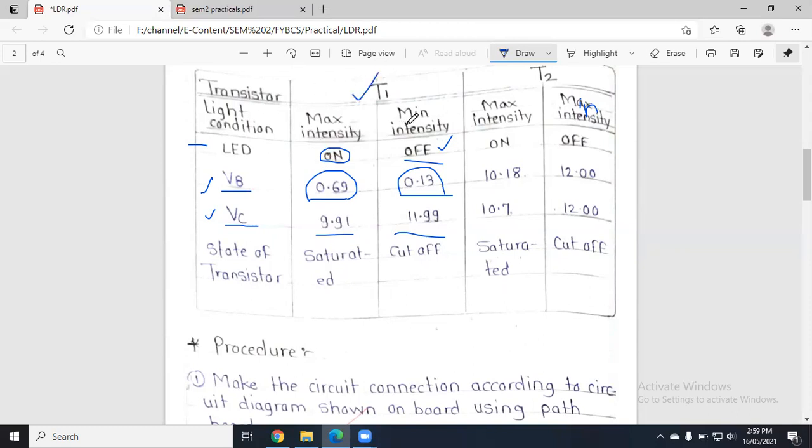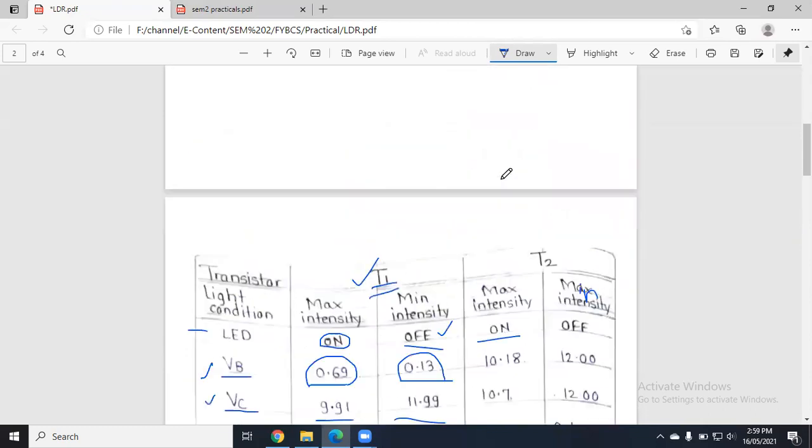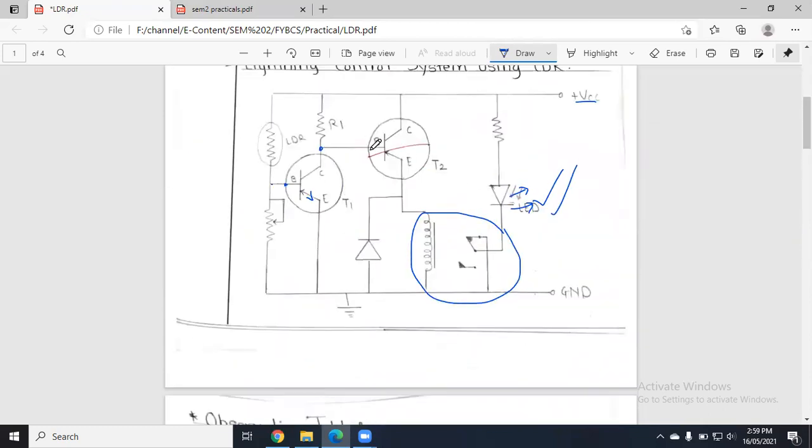We haven't done anything with transistor T2 yet. Right now we have just done transistor T1. Similarly, whatever we have done with T1, we have to do with T2 also. Whenever your LED is on, you have to measure the base voltage of T2, the voltage at the base, and this is your collector voltage.